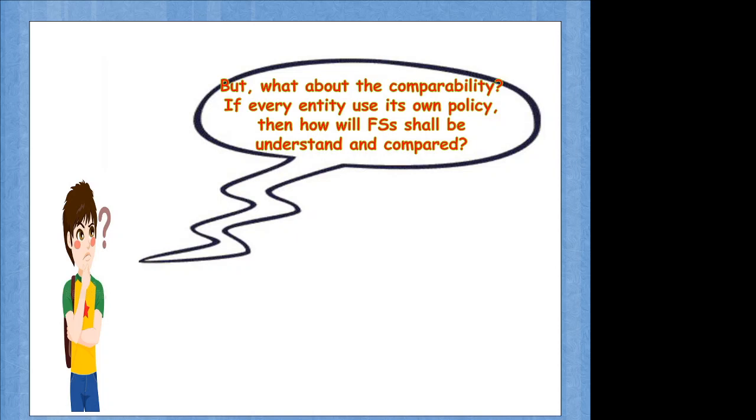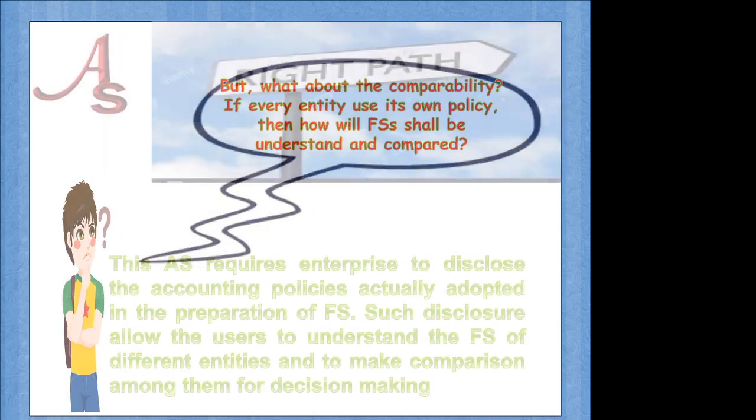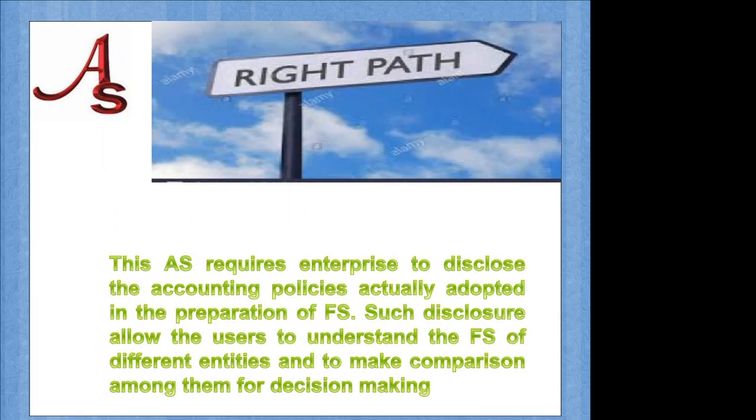Now you will think, if everybody is going to keep their accounts in different ways, then where is the comparability? If we want to compare them, how is it possible? See, that's where Accounting Standard 1 shows the right path. This accounting standard requires an enterprise to disclose the accounting policies actually adopted in the presentation and preparation of financial statements. So what will happen?